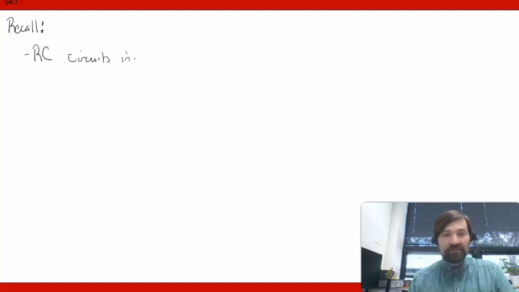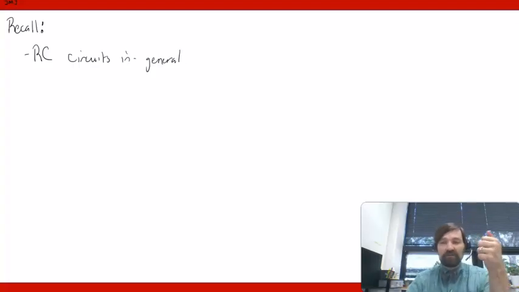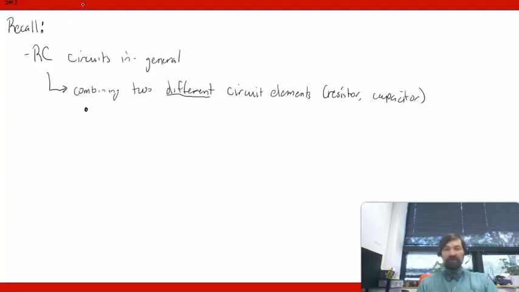but the particular points of RC circuits are that, okay, first of all, we combined two different circuit elements. And so how do we go about solving for the response?